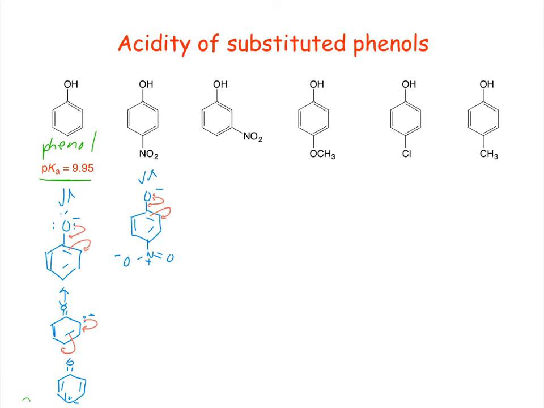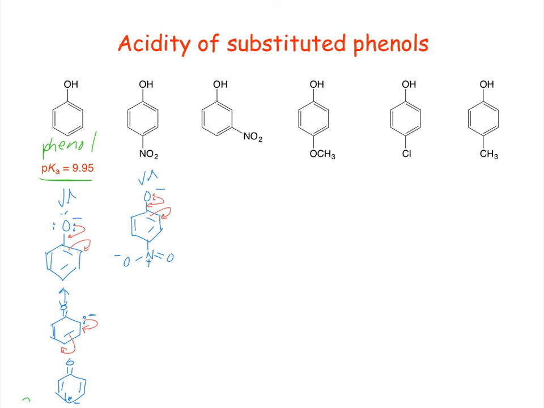An electron withdrawing group is going to spread that charge out even more. So with this conjugate base, we can have all of the same resonance that we would for this phenolate anion. So we've got all the resonance around the ring, but in fact, we can end up with even more resonance. Let me show you that.